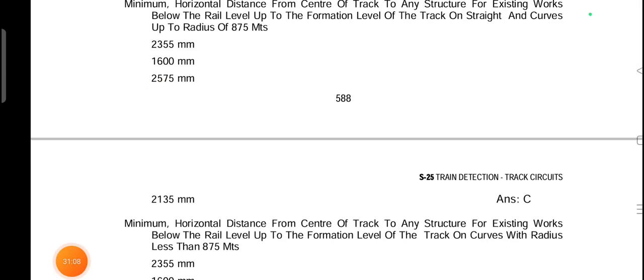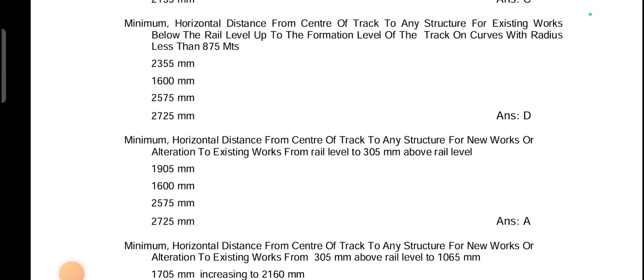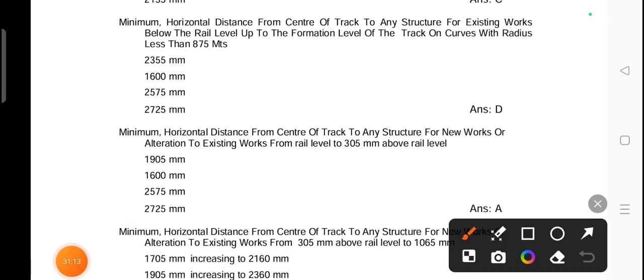Next, below the rail level up to the formation level of the track on curves with radius less than 875 meters: 2725 mm.